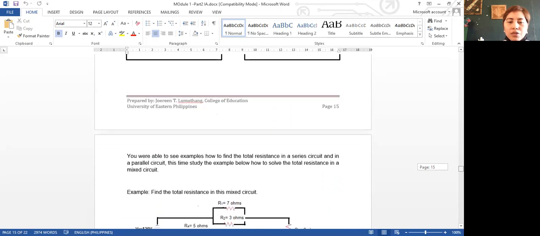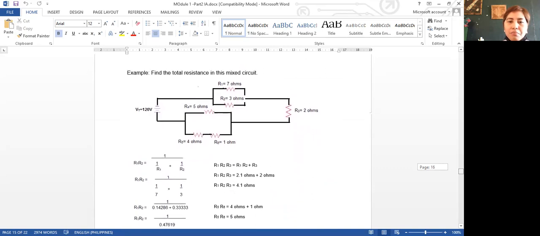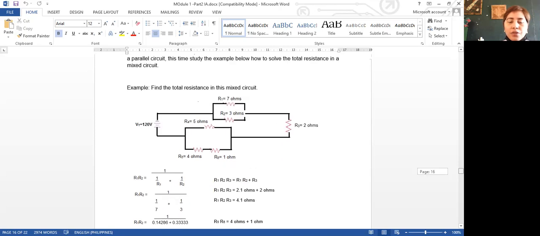Okay, now question, how about if the circuit is mixed? When we say mixed, in a circuit, there is a combination of series and parallel circuit. So if that is the case, for example, in this part, R1 and R2 are parallel.